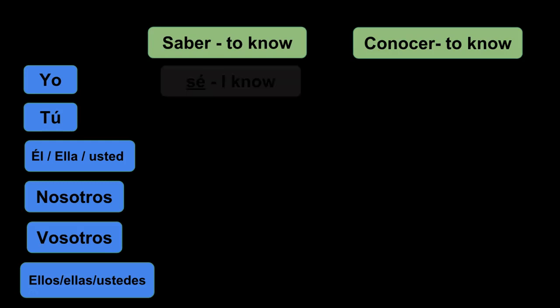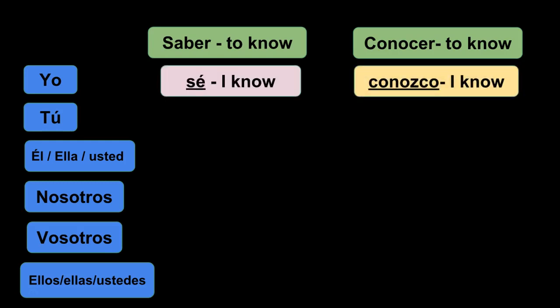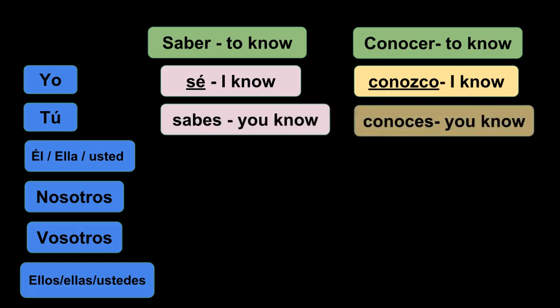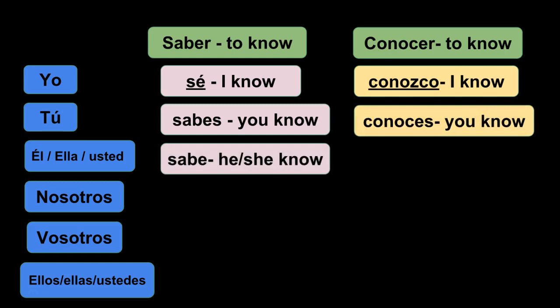So saber and conocer are both irregular in the yo form. So I know most of you have probably heard no sé, yo no sé, which means I don't know. So it can be a little bit difficult to remember that sé comes from saber, and conocer is conozco. So from here on out, though, the rest is conjugated like a regular ER verb.